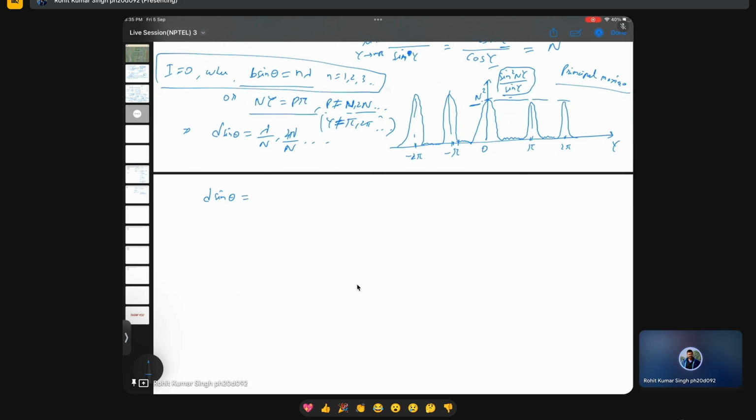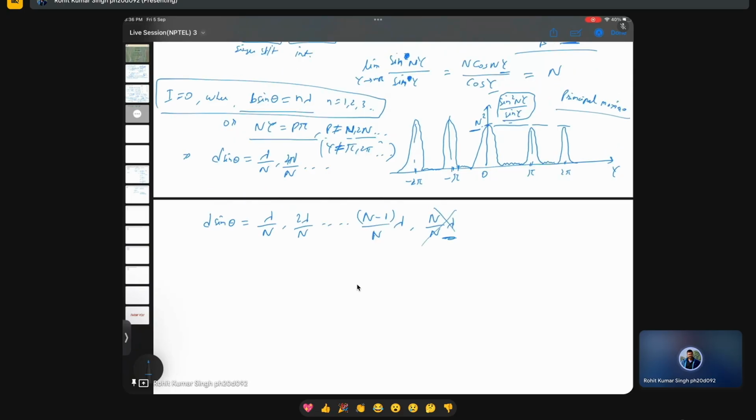So first will be lambda by n, then 2 lambda by n, and so on. We will have n minus 1 by n into lambda, but then we will not have n by n lambda, right? This cannot be there, because this is the condition for principal maxima.